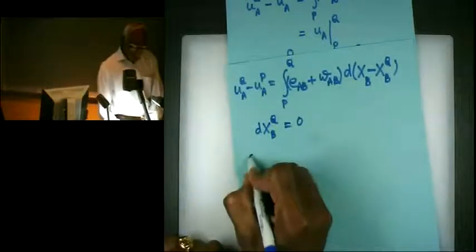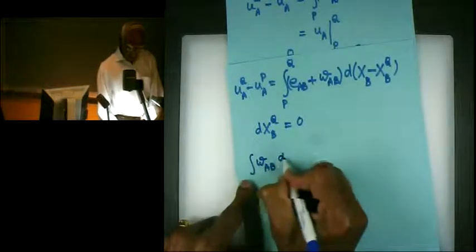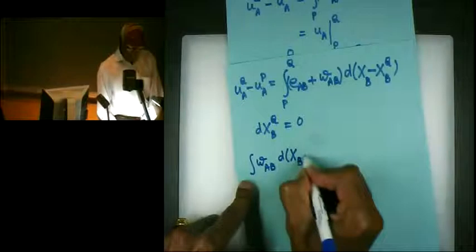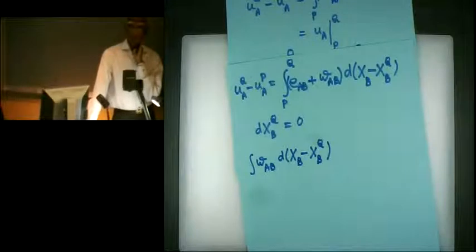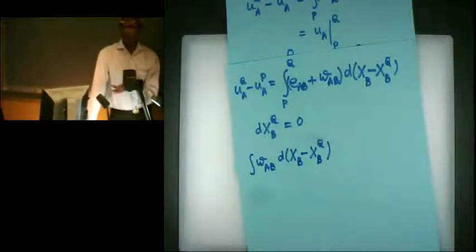So now I take this omega AB and want to simplify this term. I want to simplify this term by integrating by parts. So those of you who are in my finite element class or who have taken finite element class before, we do this all the time, right?